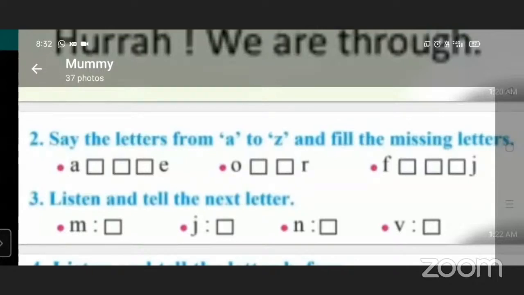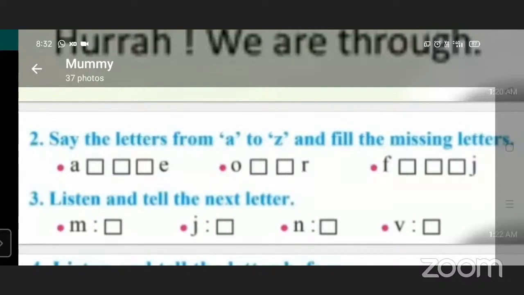E. H. I. J. What we write here? G, H, I, J. F, G, H, I, J. So you write in your homework. Okay, students?